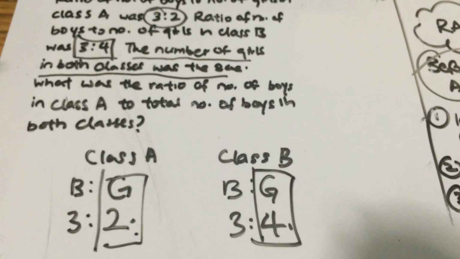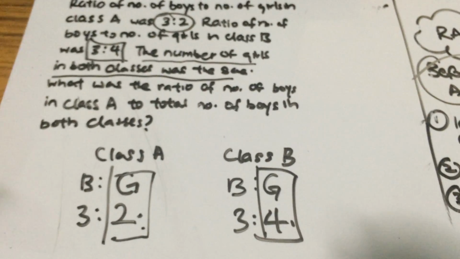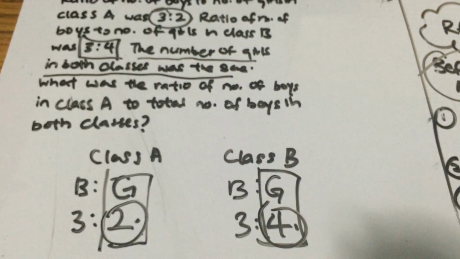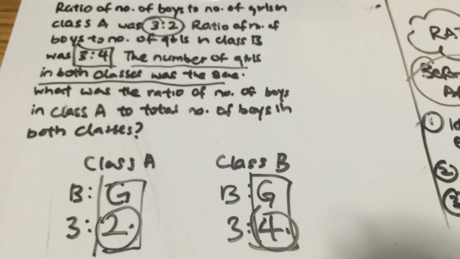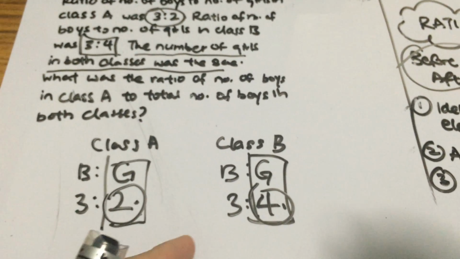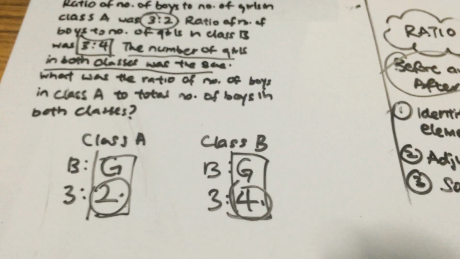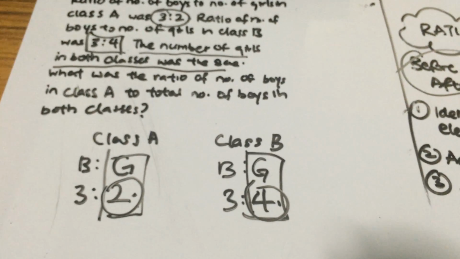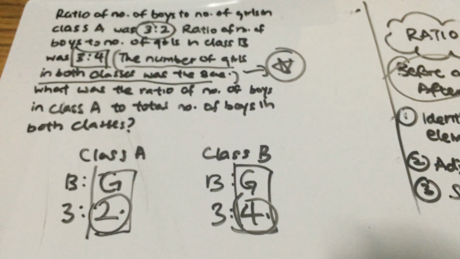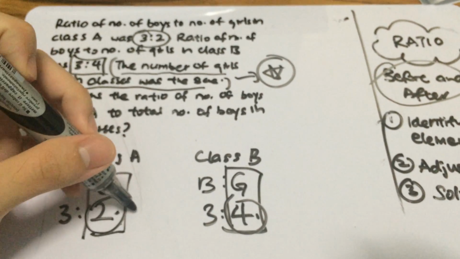Because the number of girls in both classes was the same, our objective is to make the units for girls the same, so that we can compare class A and class B. Right now the units are not the same, because 2 units of girls in class A is equal to 4 units of girls in class B. So we change the units to the same units for the girls.